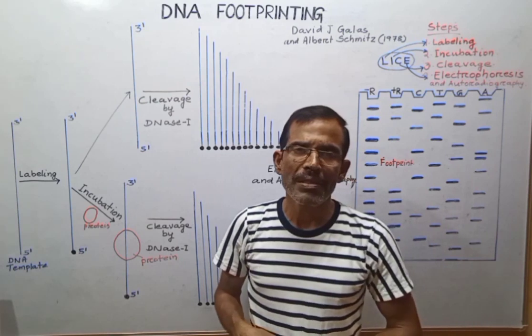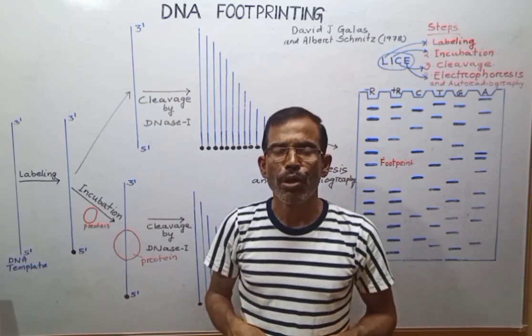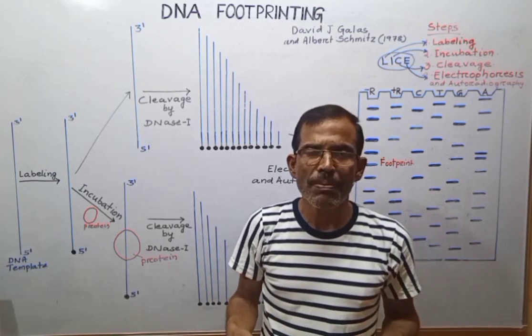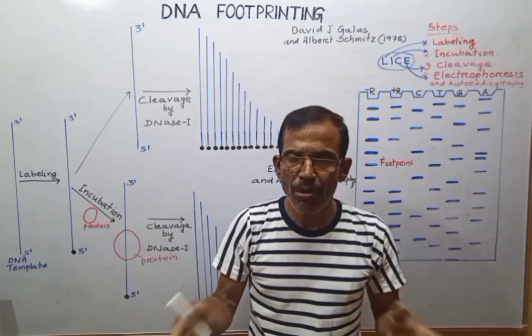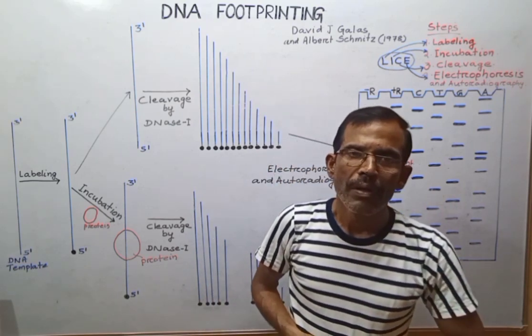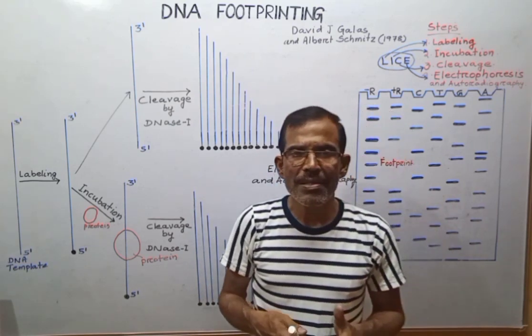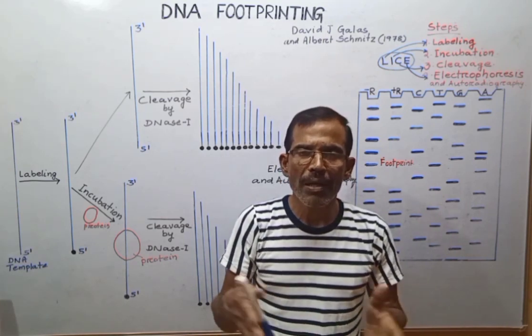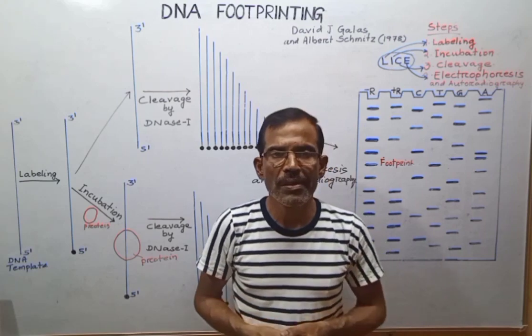Radioactive labeling has traditionally been used for footprint analysis because it is very sensitive and is optimal for visualizing a small amount of DNA. Fluorescent labeling is a desirable advancement because it does not involve the use of radiochemicals.